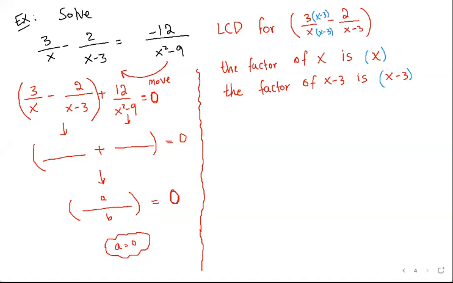For the second one, we multiply by the factor for x, by x. Nothing canceled here, like we learned in the previous sections.